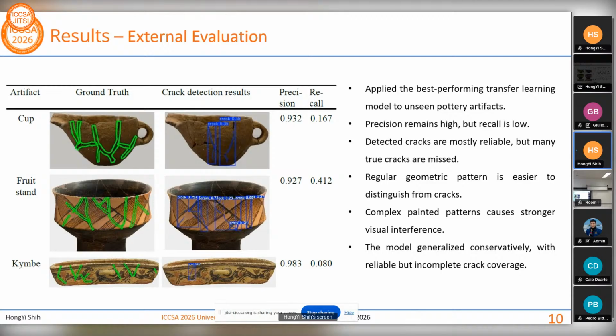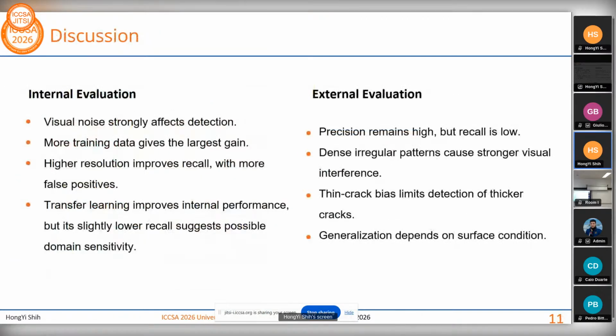It can detect some cracks accurately, but it still struggles to cover all crack regions on the unseen complex decorative patterns. So we can get some insights from the internal and external evaluation. The above experiments show that crack detection on decorative cultural heritage artifact surfaces is strongly influenced by visual interference.